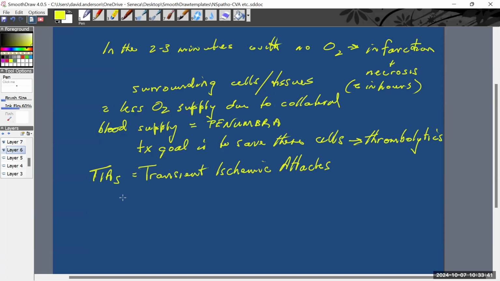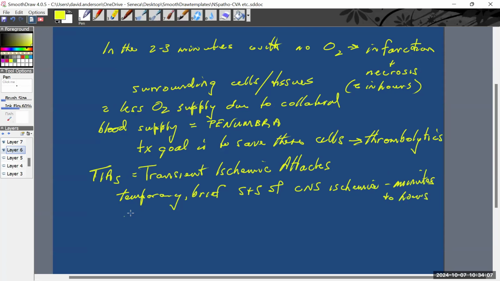So transient ischemic attacks were temporary, we'll call it brief, signs and symptoms of central nervous system ischemia. To give you an indicator of the time we're talking about: minutes to hours, but seemingly reversible.